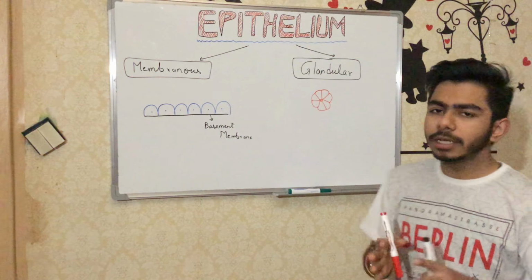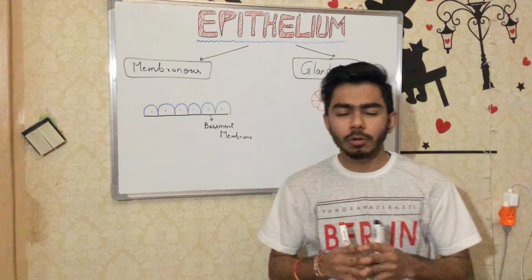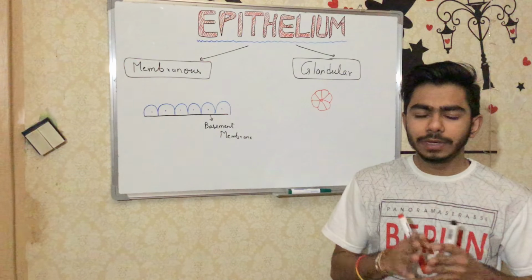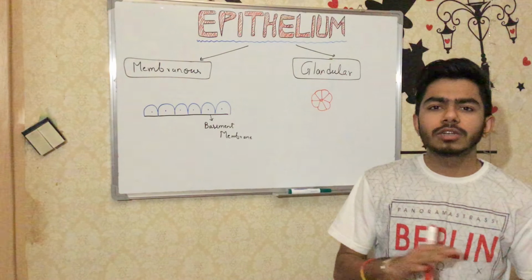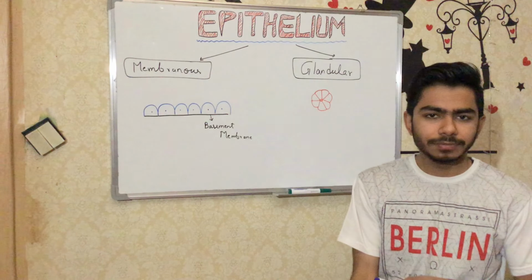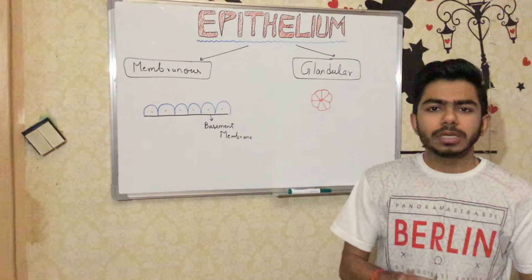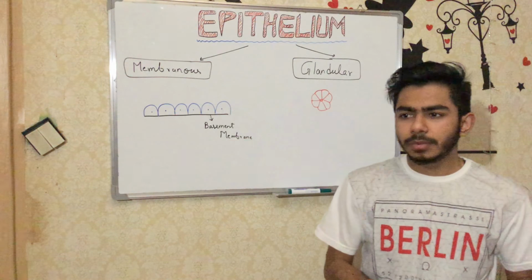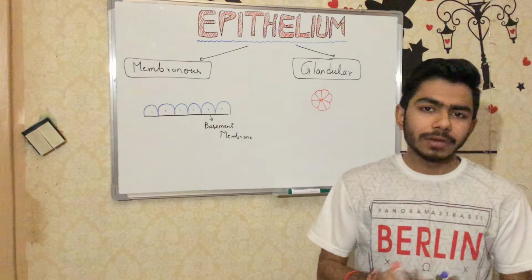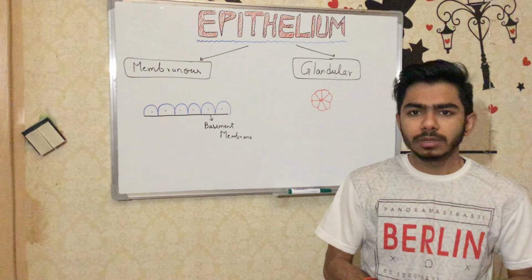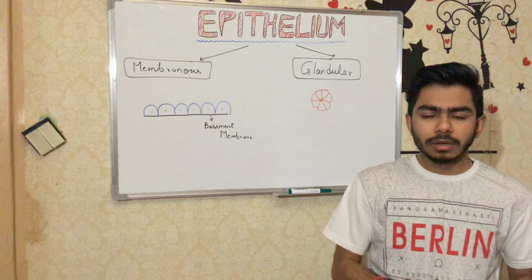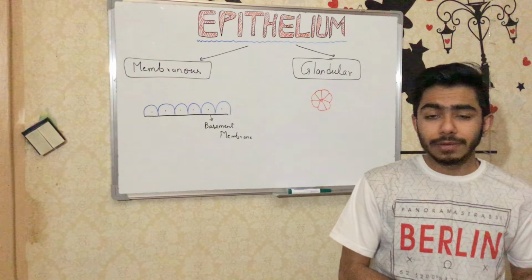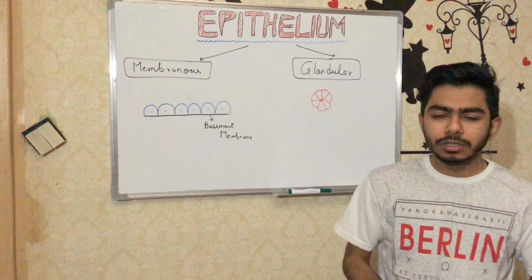Now generally, where is epithelium present? They can be present on external surfaces, for example our skin. They can be present in internal closed cavities, for example our cardiovascular system, our peritoneal cavity, our pericardial cavity, or the pleural cavity in the lungs.